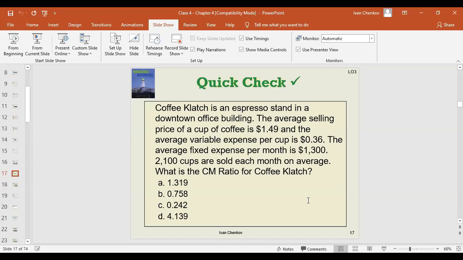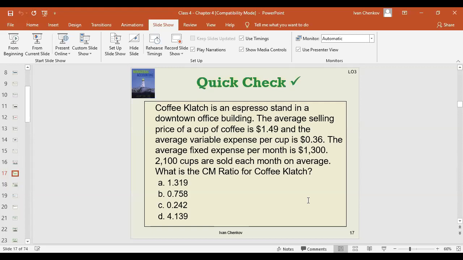It will be the 76 cents. Obviously, it won't be possible because the variable cost is not 3 times the sales price.